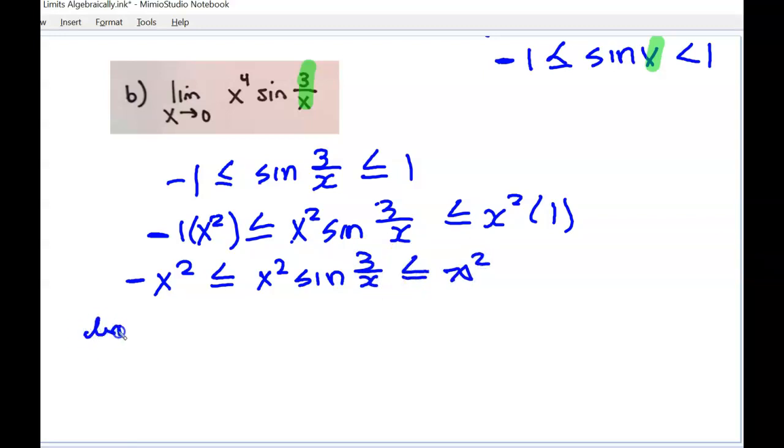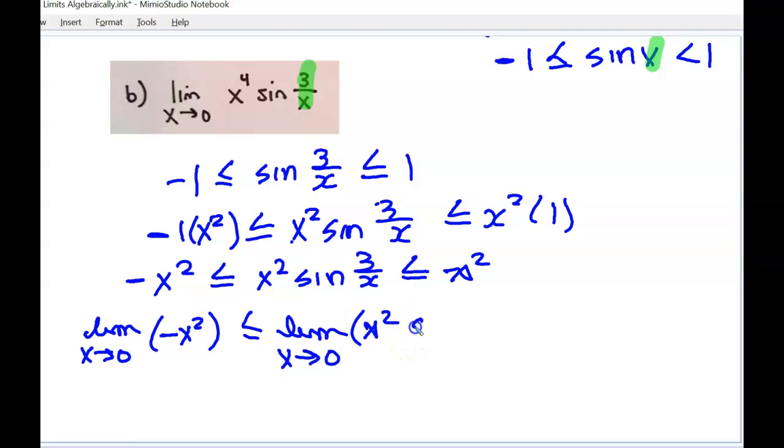Now we're going to take the limit as x approaches 0 of negative x squared is less than or equal to the limit as x approaches 0 of x squared sine 3 over x, less than or equal to the limit as x approaches 0 of positive x squared.